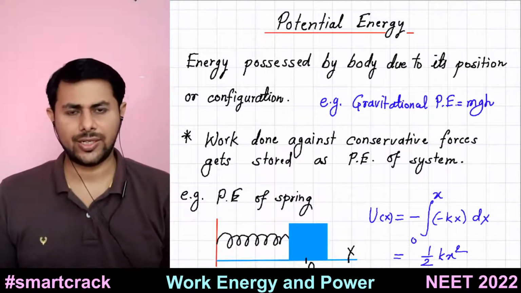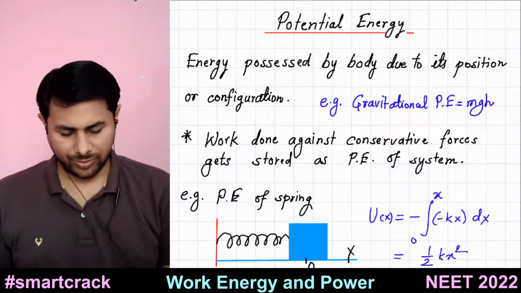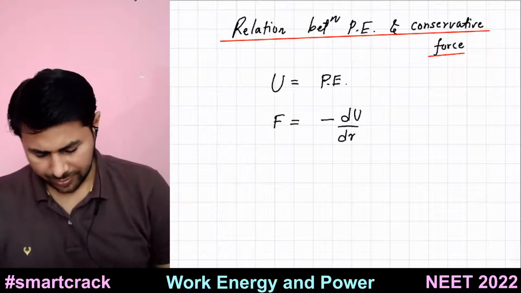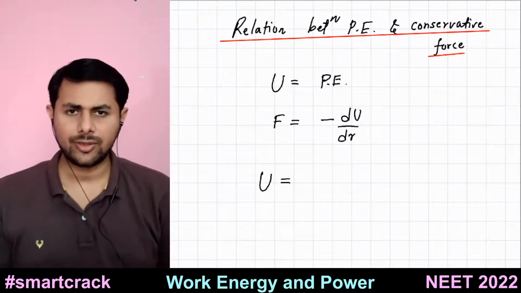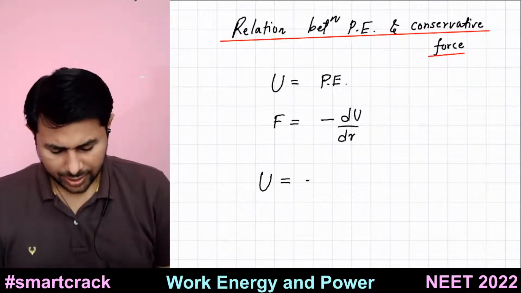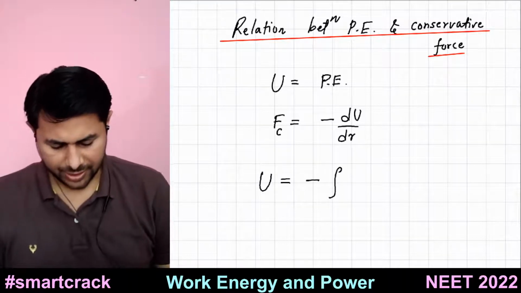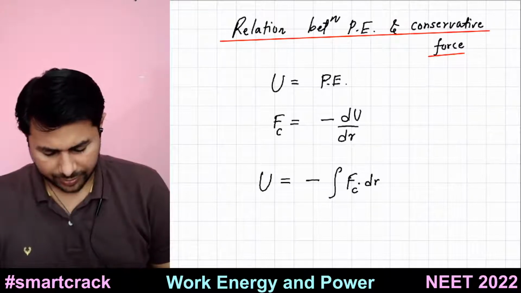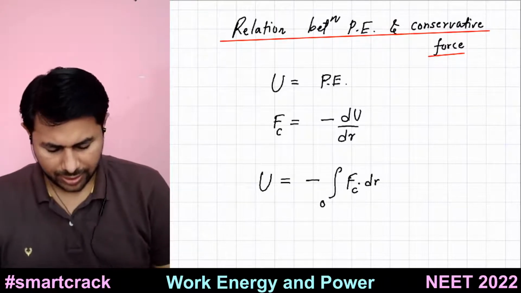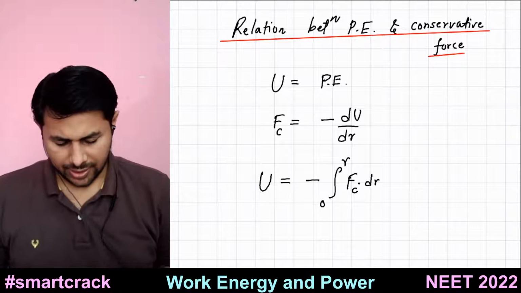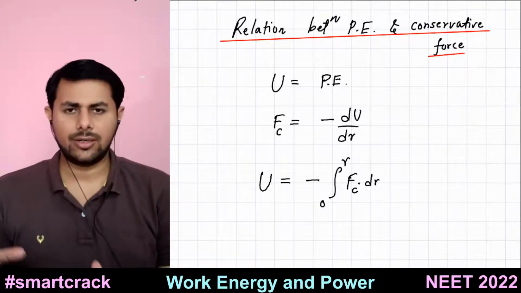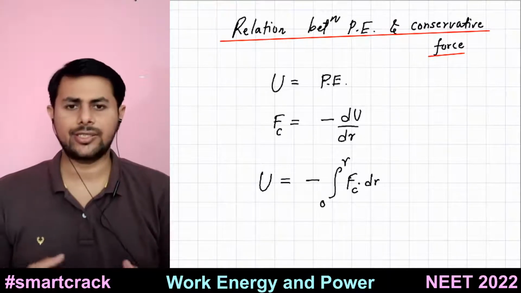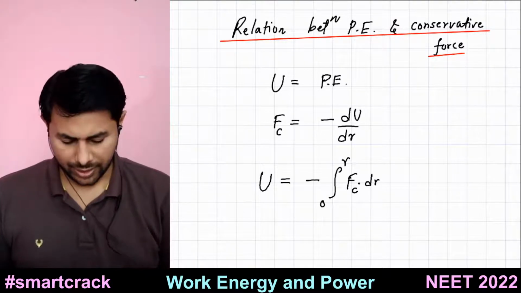So if we want potential energy from force, it is the negative of, let's say Fc is the conservative force, the integral of Fc dot dr from some 0 to r. So one relation is in the form of an integral, and another relation is in the form of derivatives.